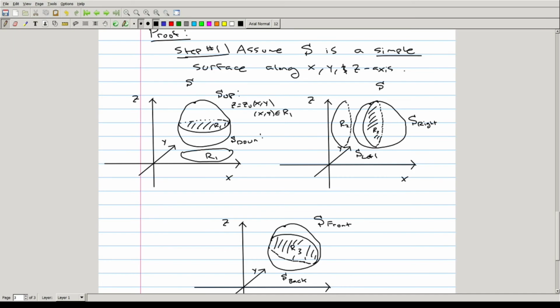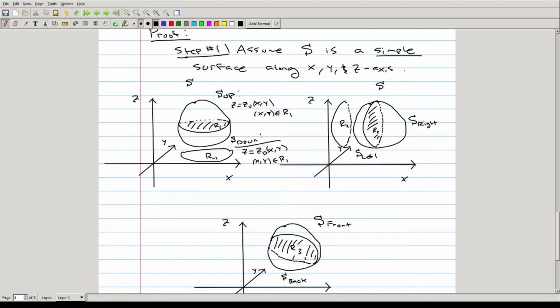And then likewise, S down will be parameterized by z is equal to z_d of x and y for x and y in the region R1. This is one way of describing our surface, but we're going to assume it's simple in every single direction. So each direction along x, along y, and along z.